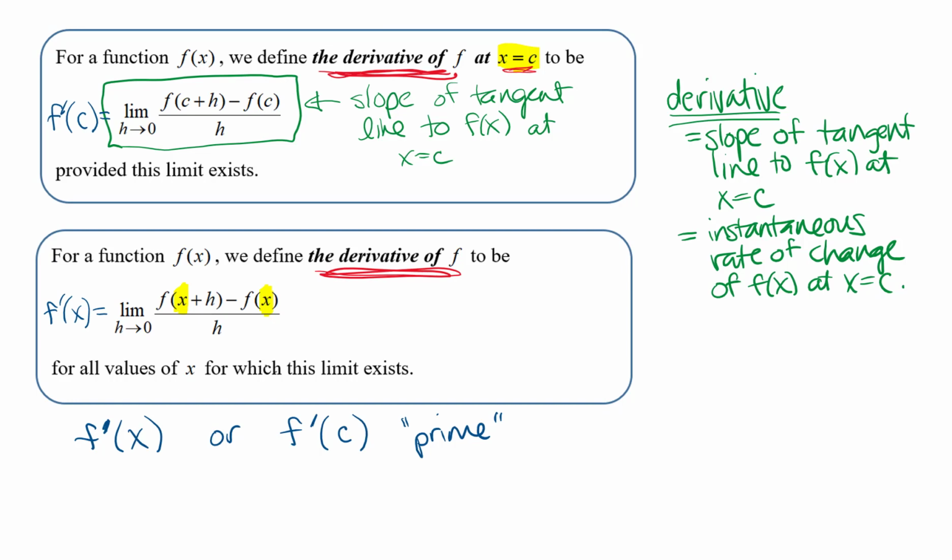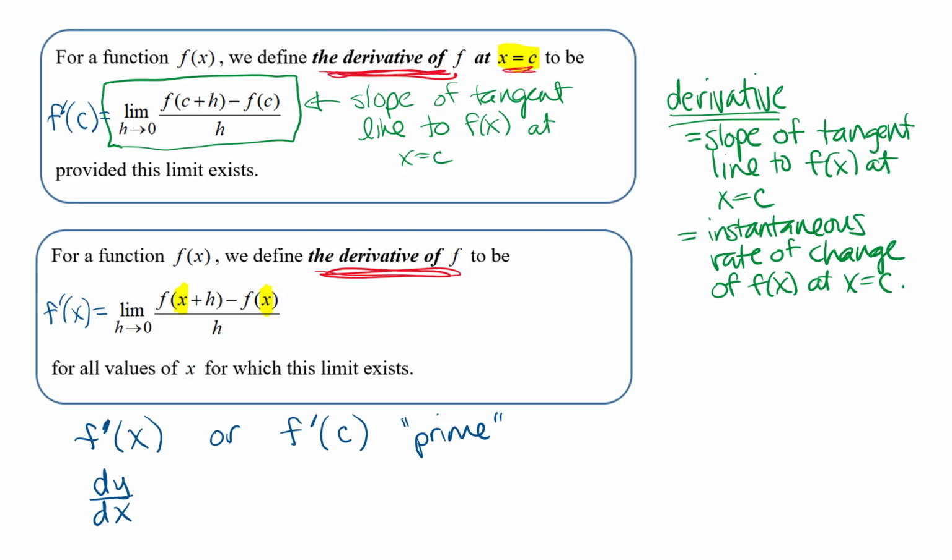We have a couple of other symbols that we use sometimes. So remembering that these are really about slope, we use something that maybe reminds us a little bit more of slope. So this is read as dy over dx, and so that really helps you remember that we're thinking about this as a change in y over a change in x, or a slope.